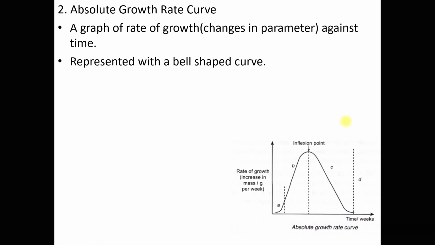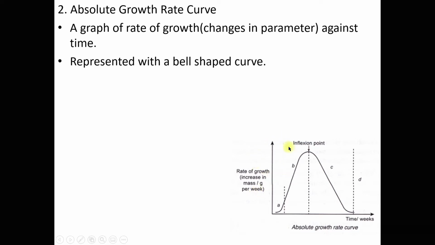Now the second growth curve is the absolute growth rate curve. It's a graph of rate of growth against time. When we talk about rate of growth, it is the change in parameter. In this graph, we can see that this absolute growth rate curve is represented with a bell-shaped curve, and the y-axis here is the change in parameter, for example, increase in mass in grams per week.